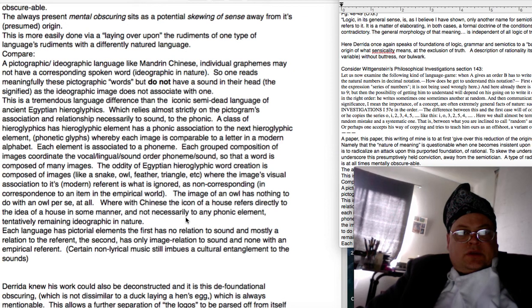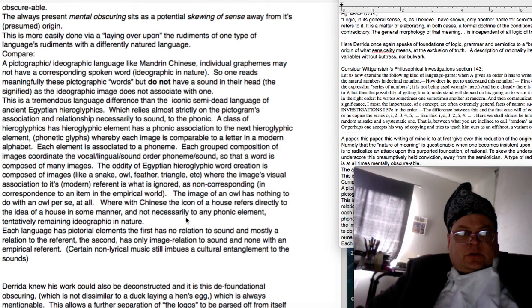So one reads meaningfully these pictographic words, but does not have a sound in their head, the signified, as the ideographic image does not associate with one. This is a tremendous language difference from the iconic semi-dead language of ancient Egyptian hieroglyphics, which relies almost strictly on the pictogram's association and relationship necessarily to sound, to the phonic.